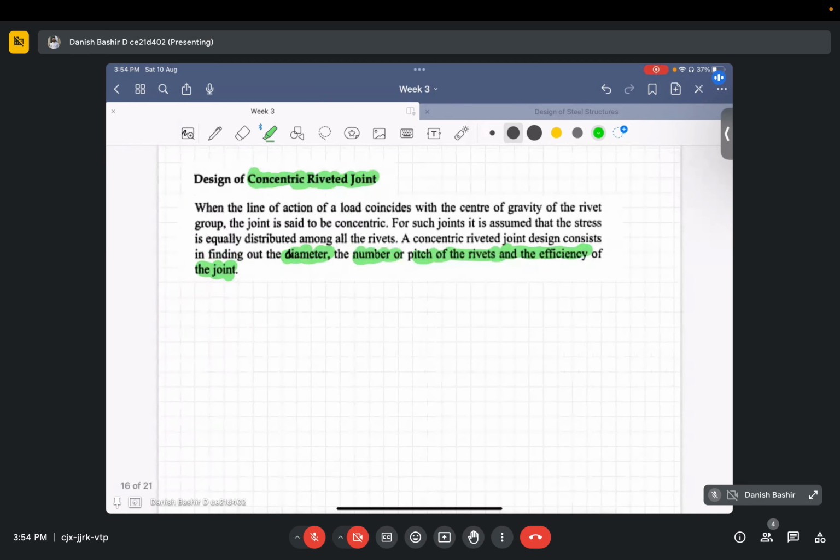So for the diameter of the rivets, initially we put an initial guess on the diameter of the rivets using Unwin's formula.